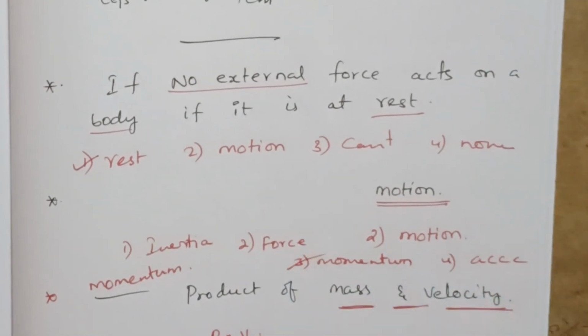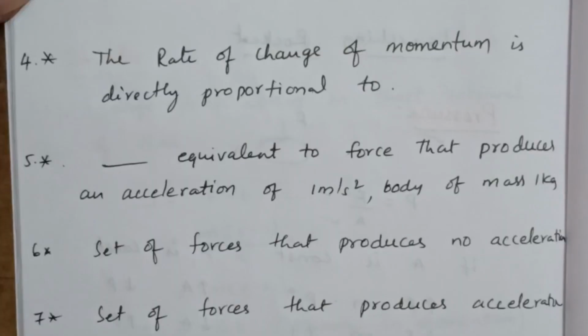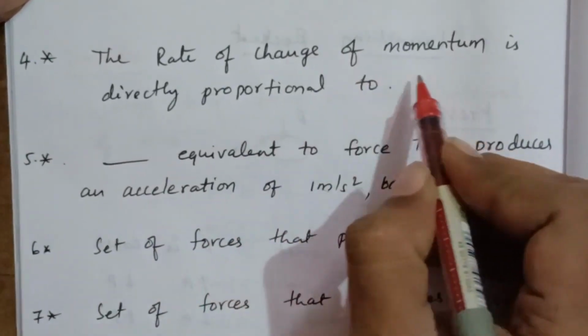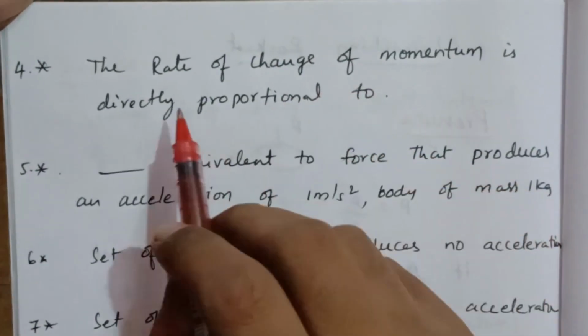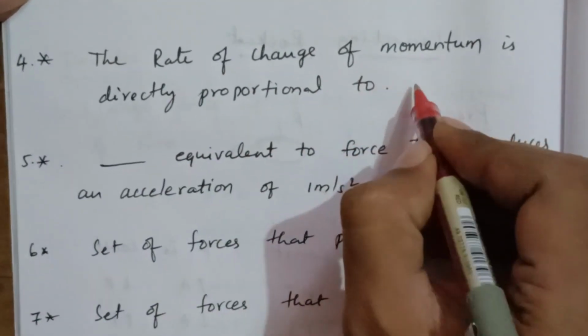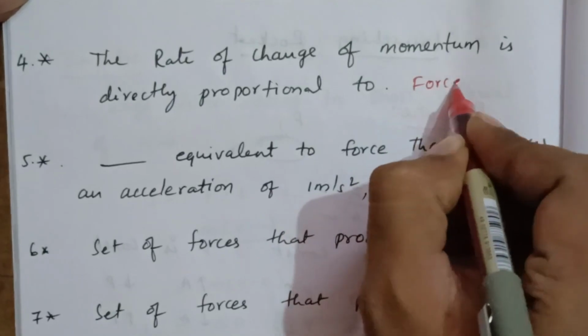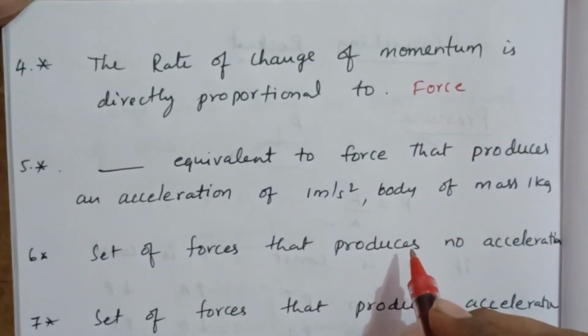So momentum is the correct answer. Next question: the rate of change of momentum is directly proportional to what? It is Newton's second law. The rate of change of momentum is directly proportional to the force that we are applying.